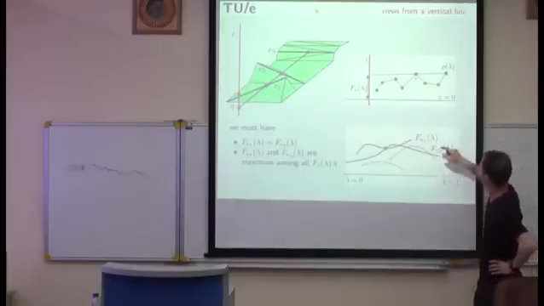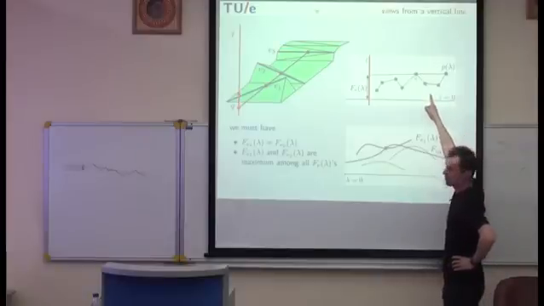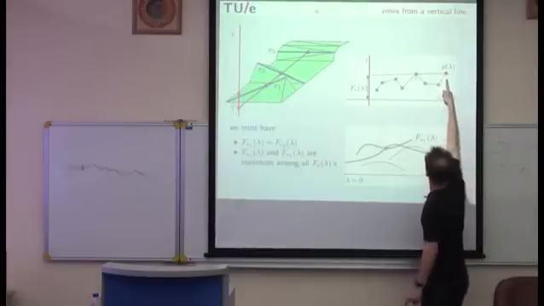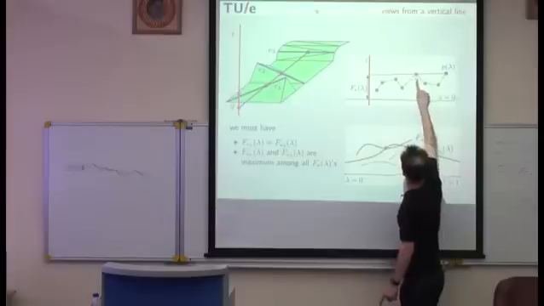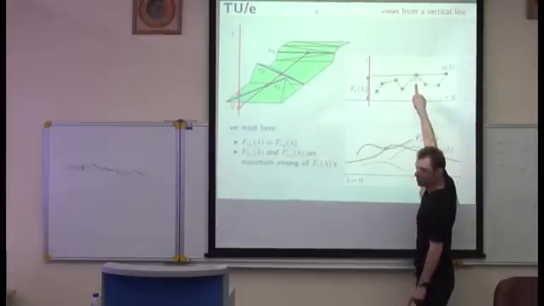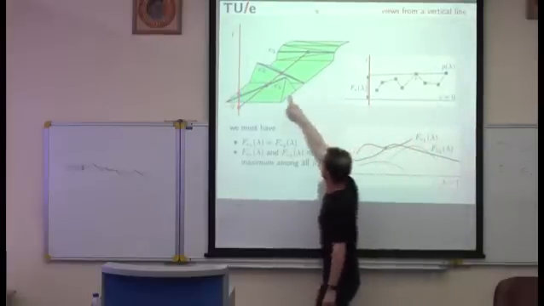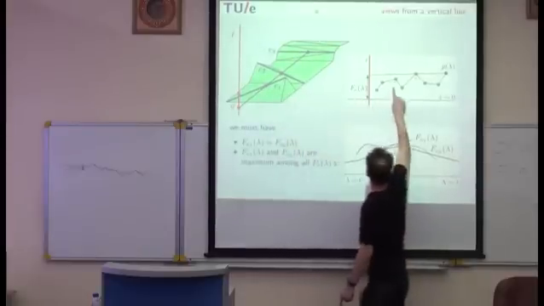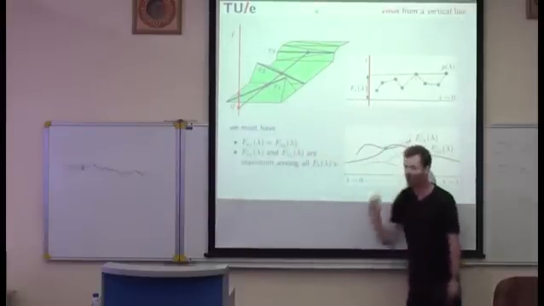How does it look in this picture? I have a line that goes through, this should be E2 because it touches here, and there should also be an E1 here.